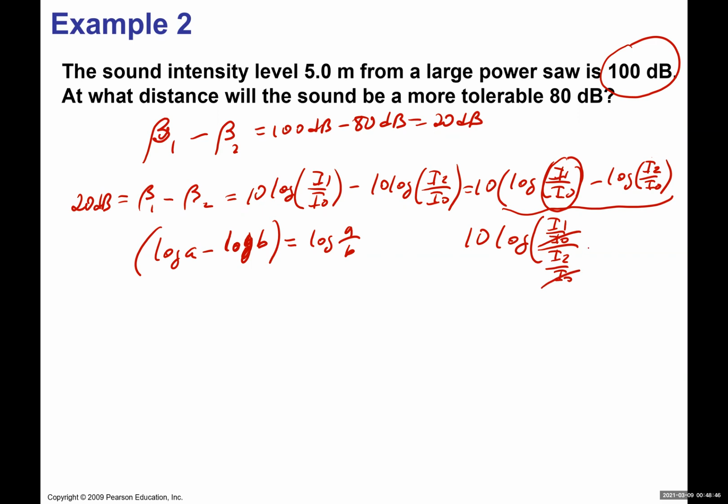I naught cancels out, and I have just I1 over I2. So 10 log I1 over I2.